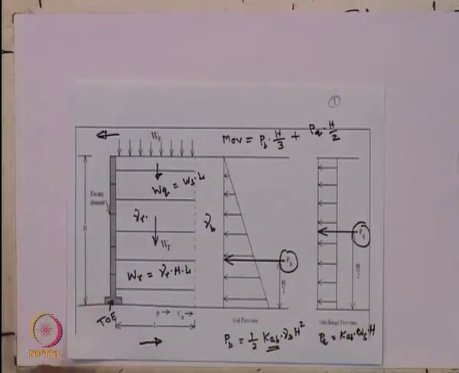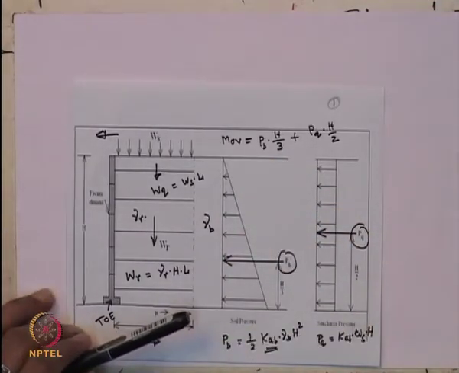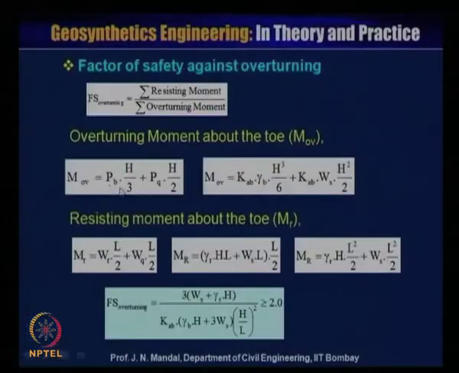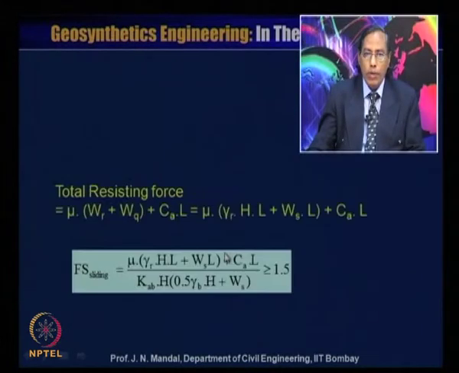Again, you know the values of PB and PQ. You can see here that PB we have calculated earlier, KAB into gamma B into H squared by 2, because we know what PB is here, and also you know what PQ is here.